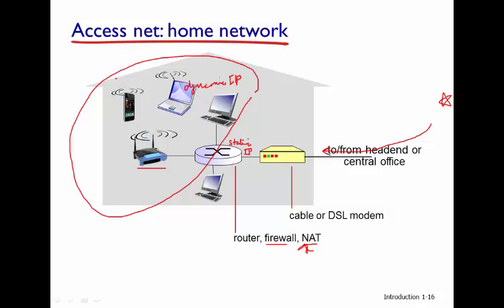So my smartphone has my own dynamic IP, which is unique within this domain, and this other device is also dynamic. When it comes to here, this NAT has a table. So if certain data comes in, then it uses this static IP.